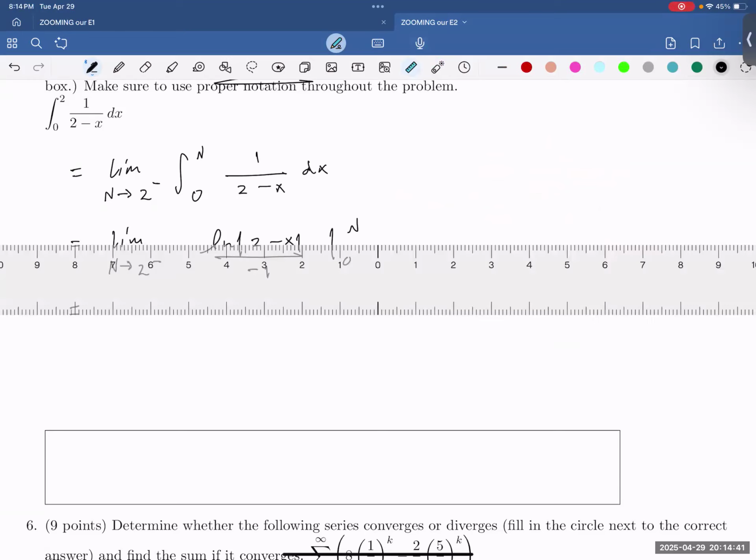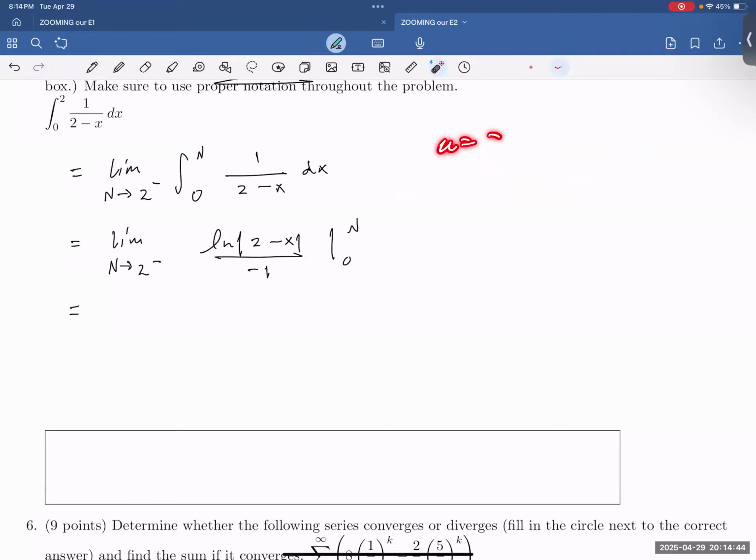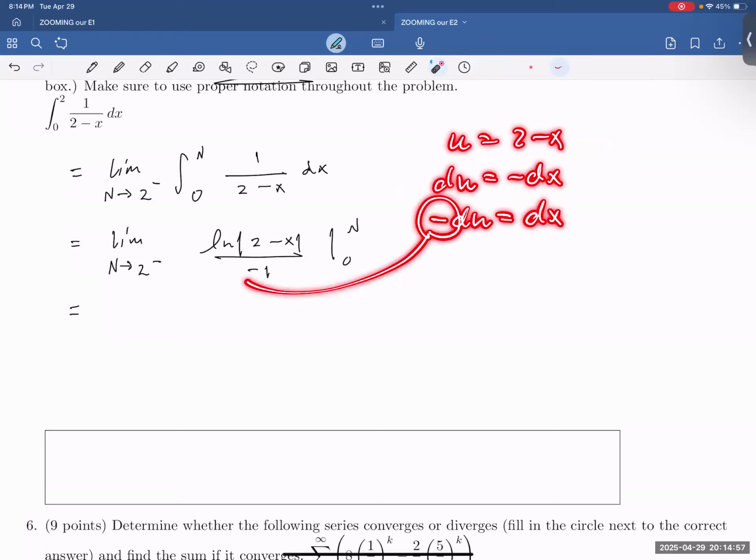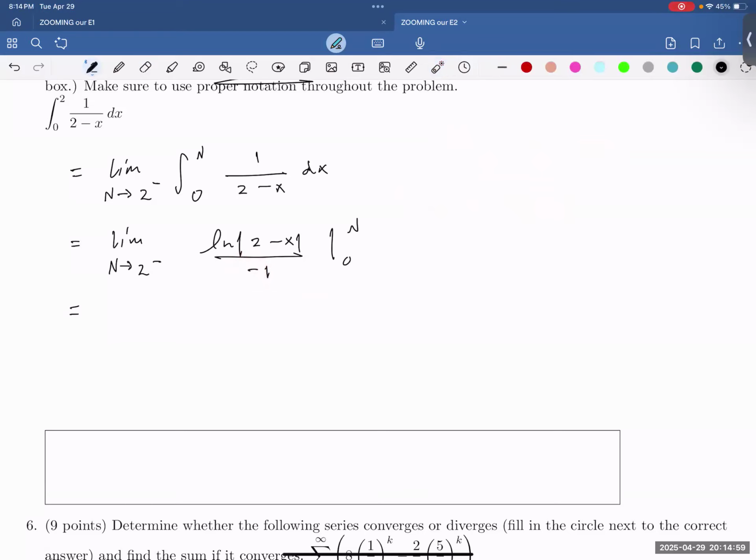You could make u 2 minus x, du is negative dx, negative du is dx, and that negative is that negative right there. Okay, so negative natural log 2 minus n minus negative natural log 2 minus 0.